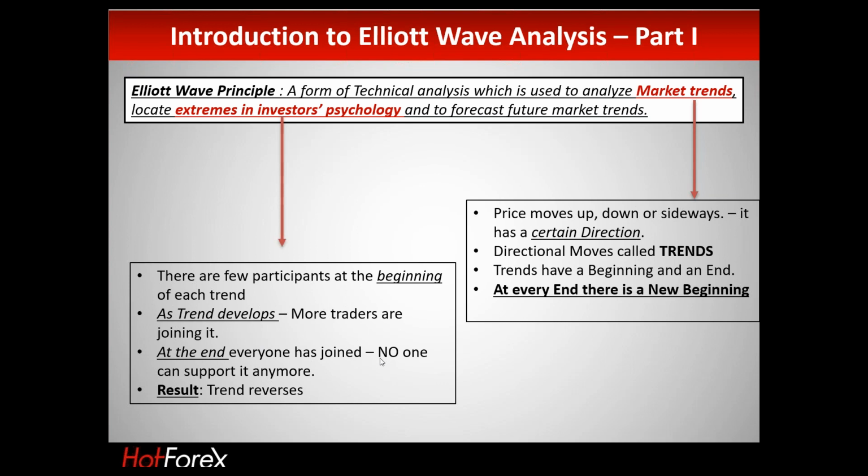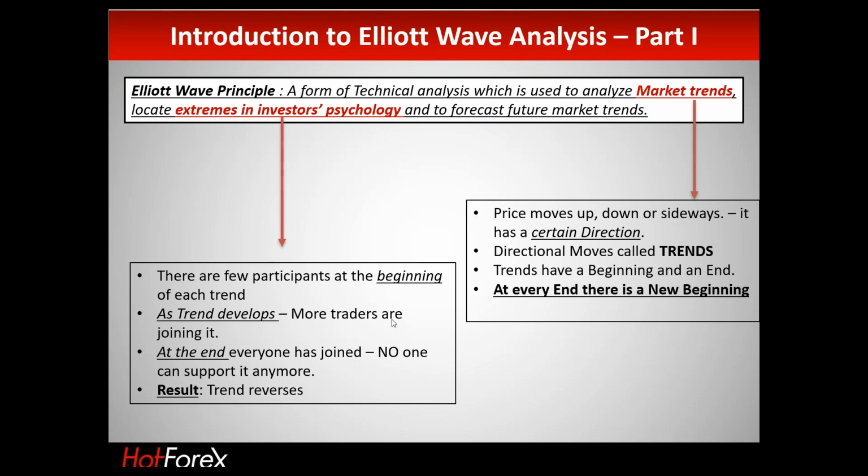So there is no one to actually support it. Imagine if 90% is already in the market, there is no one to support this trend in order to continue its direction. So that's why we have the end of this trend and hence the reversal of the trend. That's where Elliott based his principle.